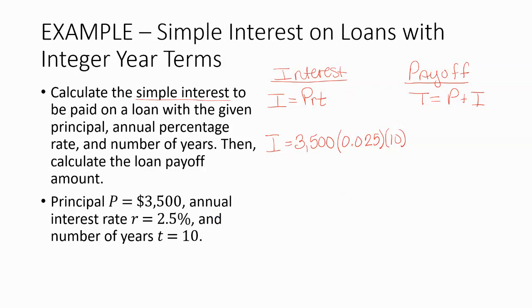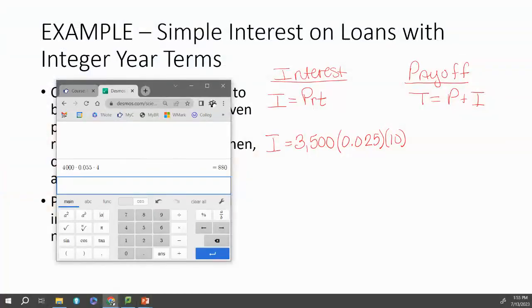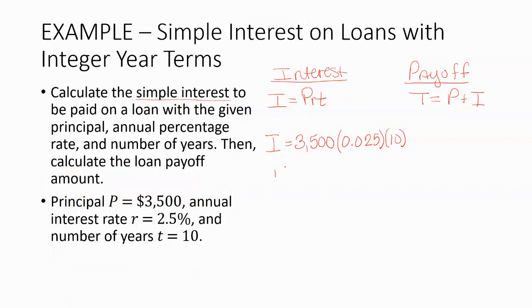So let's get our calculator back from Desmos Scientific here. And we have 3,500 times 0.025 times 10 years. Our interest is $875.